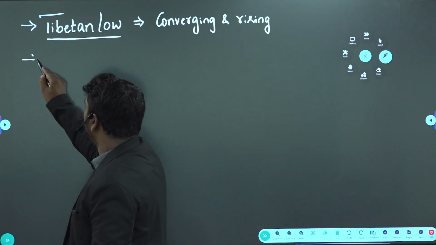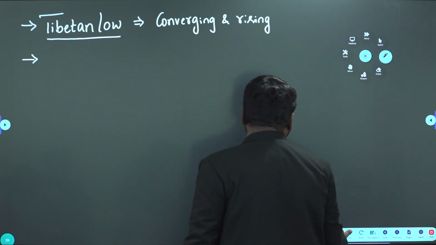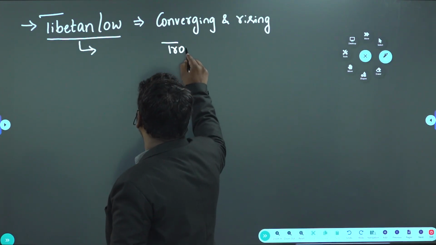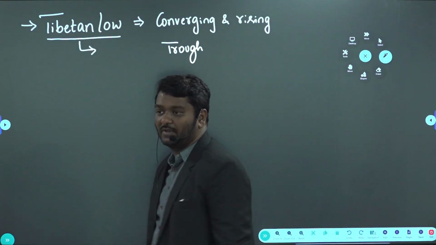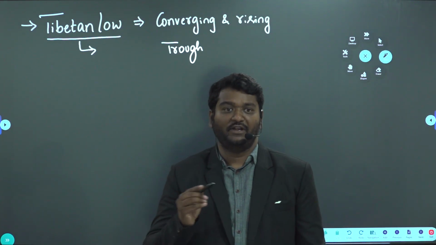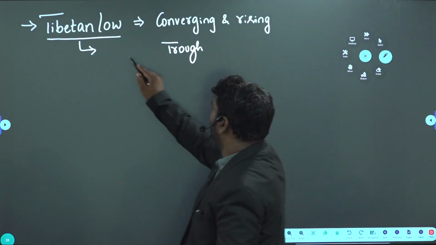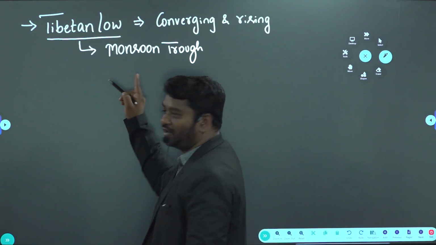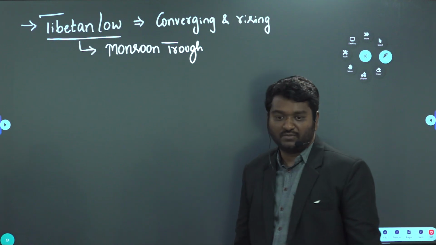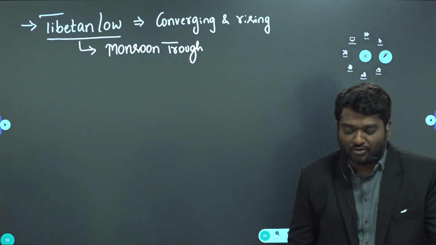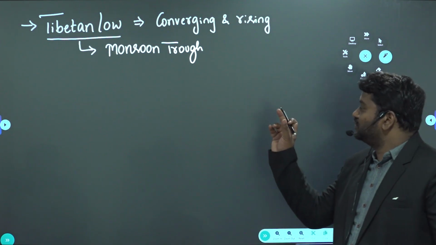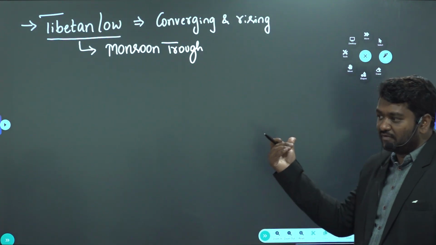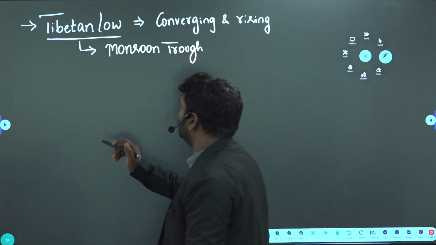And whenever you have low pressure, it is also called a trough. It can be a trough, it can be a depression, anything. And which type of trough are we talking about? It is the monsoon trough. Okay, we use the term monsoon trough. So if they tell you during monsoons, the monsoon trough will be present over Tibet. Yes. Okay, that is very important. Trough, low pressure area is present over Tibet.